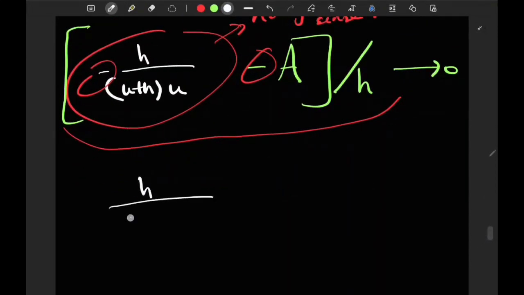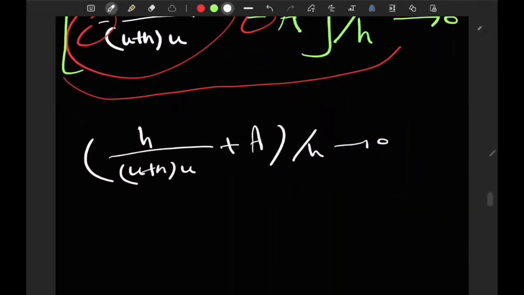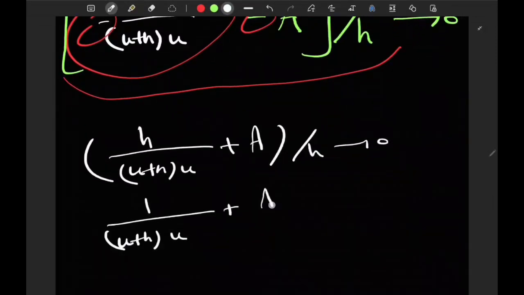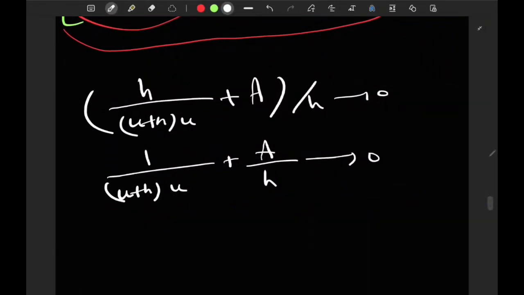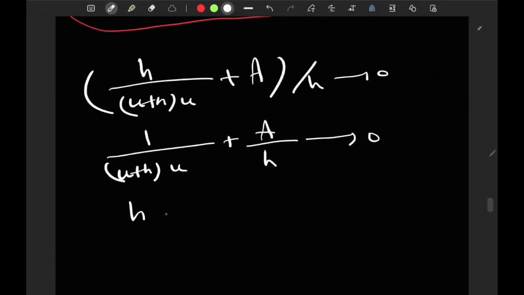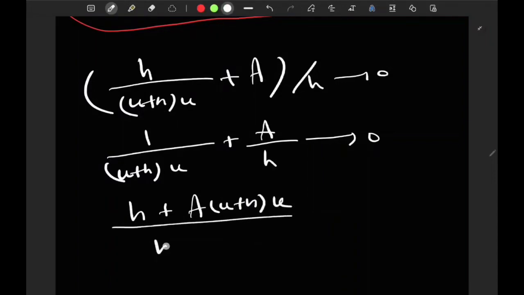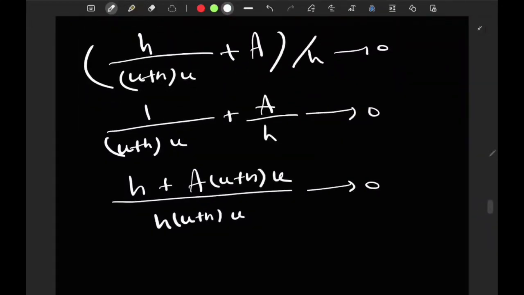So h over (u+h)u plus a, divided by h, should go to 0. I have 1 over (u+h)u plus a over h, which should go to 0. With a common denominator, I'm looking at (h + a(u+h)u) divided by h(u+h)u, and this should go to 0. Now notice something.